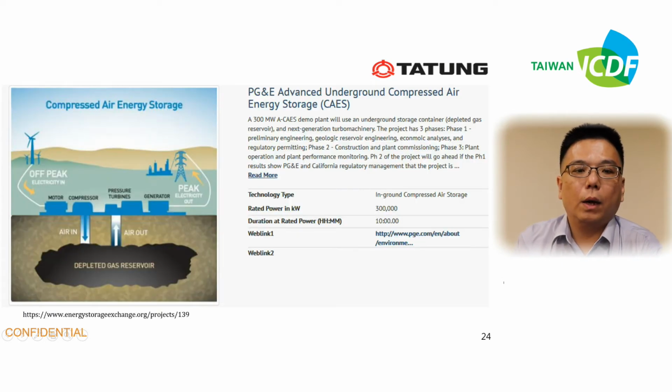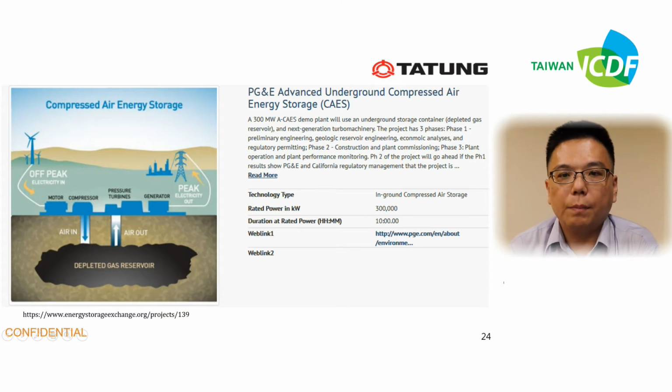This is one of the examples from PG&E using compressed air for an energy storage system. When we have extra power in the grid, we can push this compressed air into a gas reservoir.